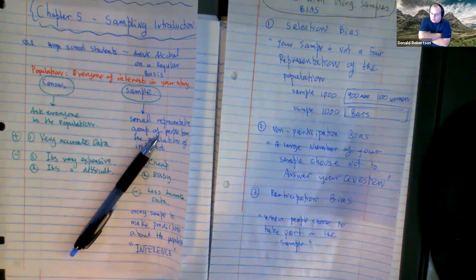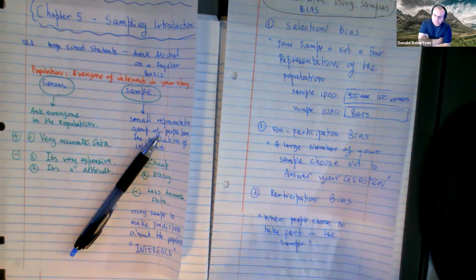Okay, let's do a little story. I'm going to give you a story and it falls into one of these three categories and you tell me what bias is being generated here. So you're interested in how many adults use vape machines now, right?